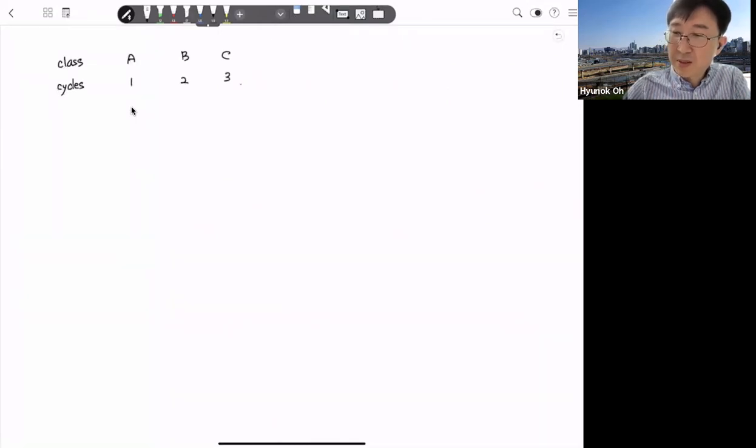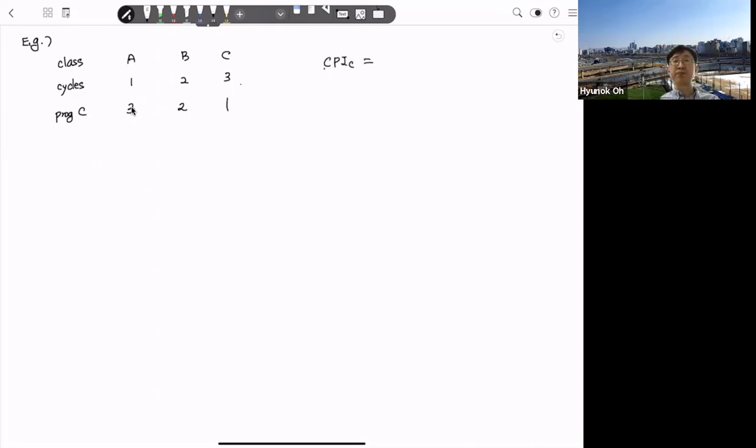So let's look at another example. There is another program C. Here it has 3 A, 2 B, and a single C. Then what is the CPI for this program?